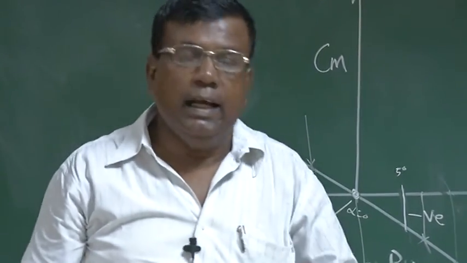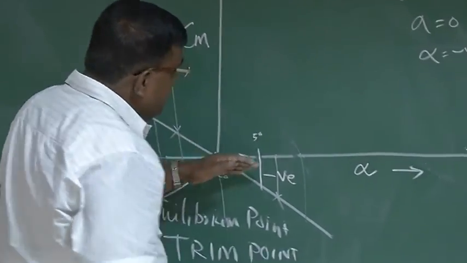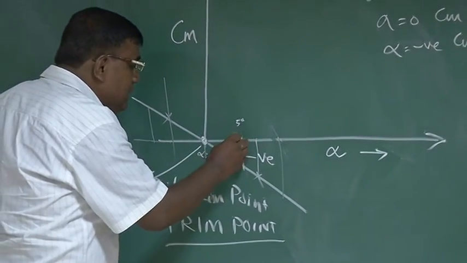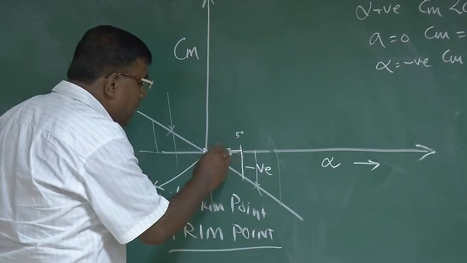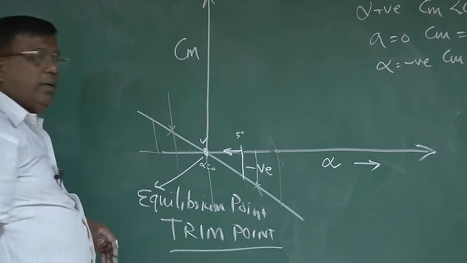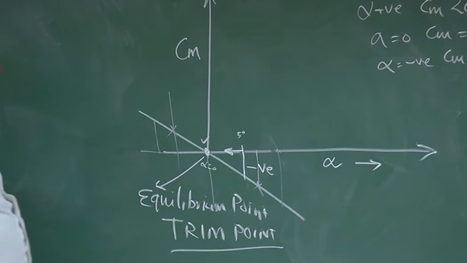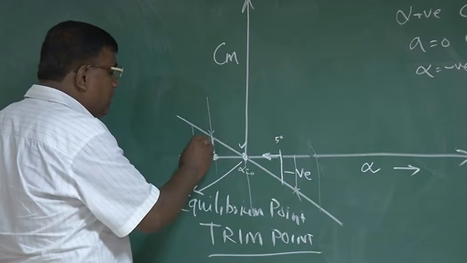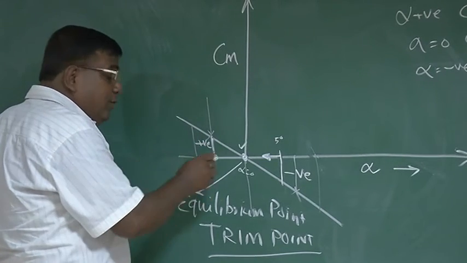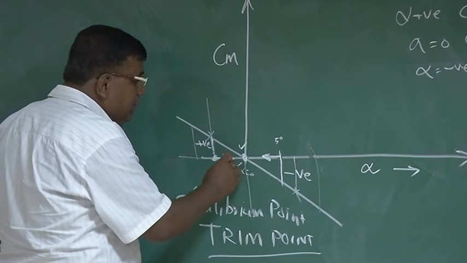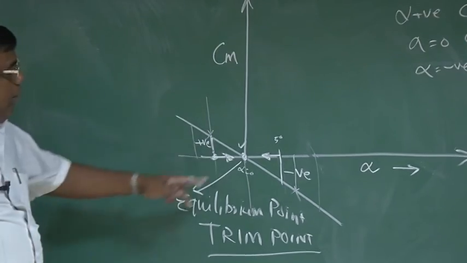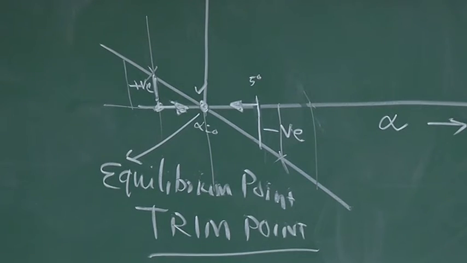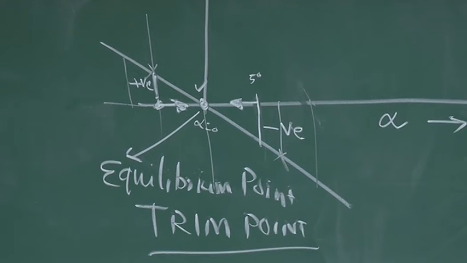If it generates a negative moment, the alpha will go on reducing, so it has an initial tendency to come back to this equilibrium point. Similarly, if it has a negative disturbance, let's say here, it will generate a positive moment, nose up. Again it will try to go towards this point. So indeed, about this equilibrium, this aircraft or this plate has static stability.